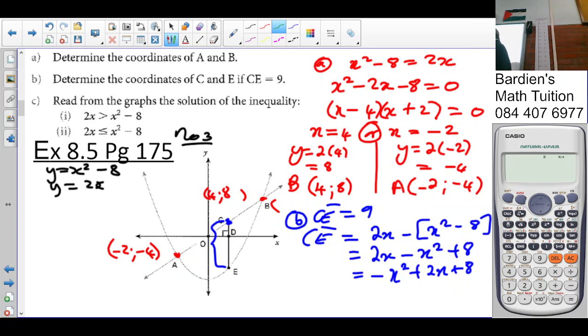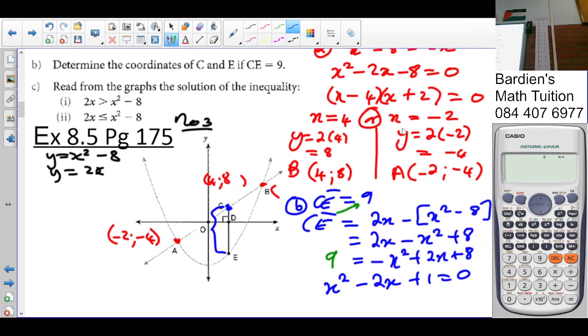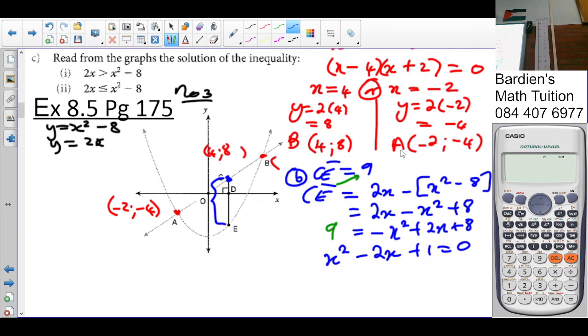But EC is also equal to 9. So I can replace that with 9. Can you see that? So now you need to solve for x. So it becomes x squared minus 2x plus 1 is equal to 0. So what is this now to us? A trinomial. It's a perfect square trinomial actually.